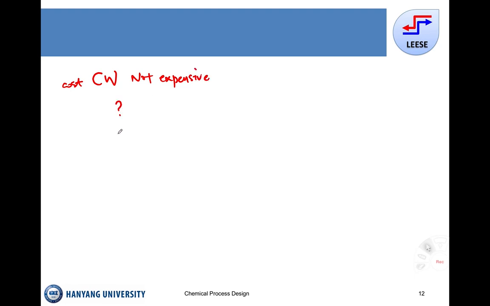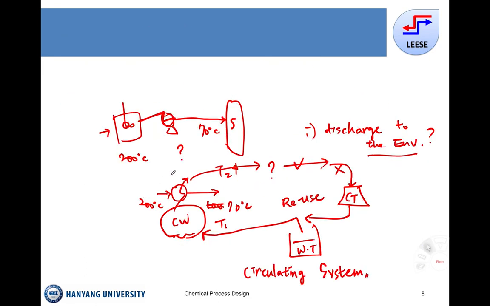But why is it important? Why is it important to supply the cooling water to the process industry? What happens if you don't have the cooling water? Cooling water itself is not expensive, but the non-provision of the cooling water to the process industry means we are not having the quality, in terms of probably temperature, in the process.